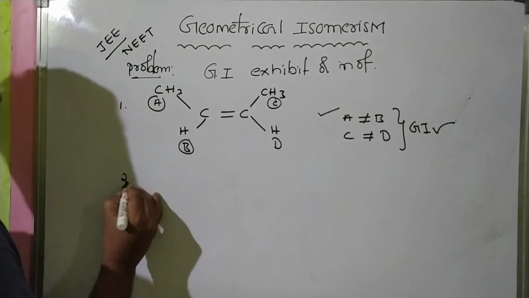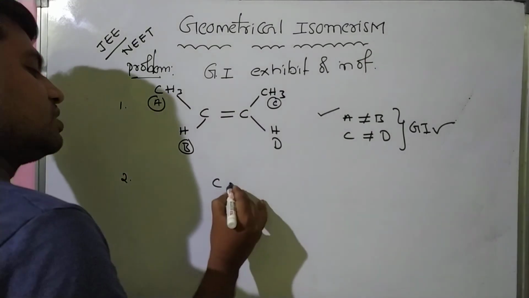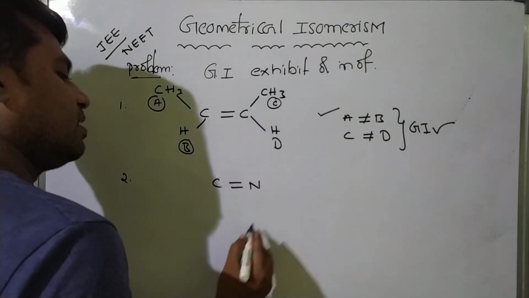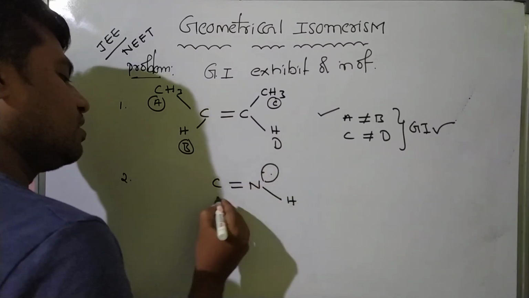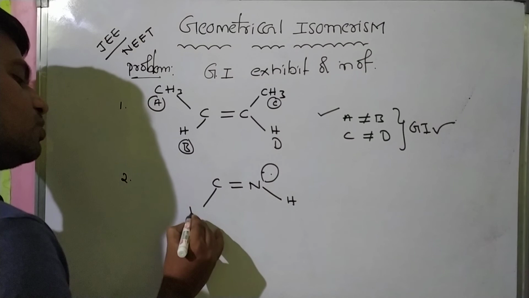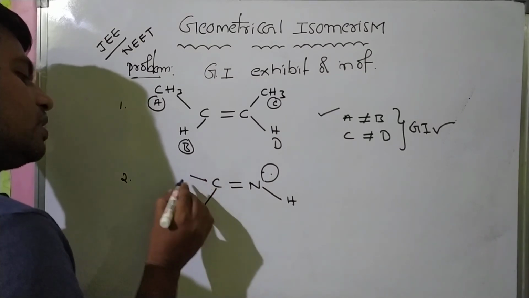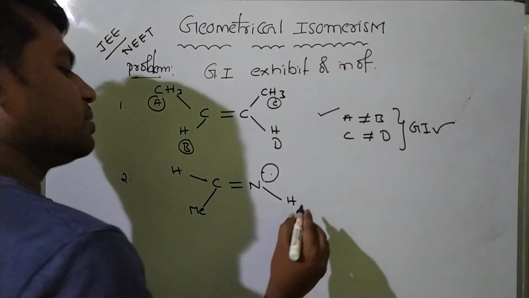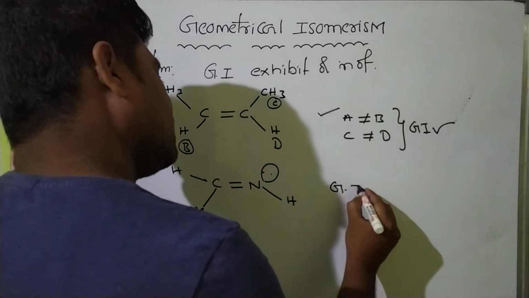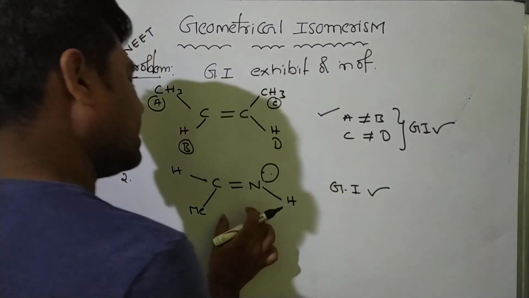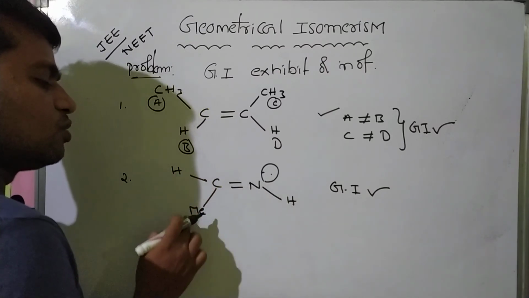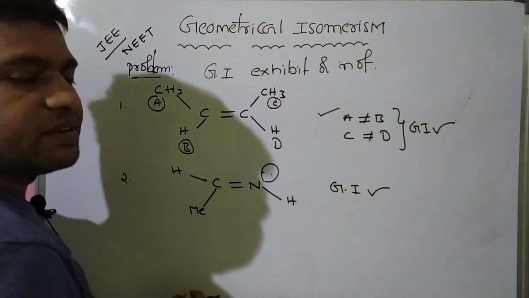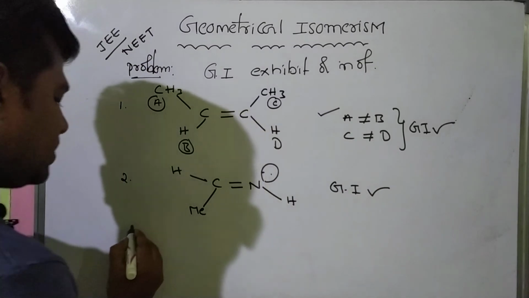The second one is C double bond N. Here hydrogen, and here a methyl group. This also exhibits geometrical isomerism. Why? Because here A and B are not equal, these two groups are different. Definitely it will give geometrical isomerism.